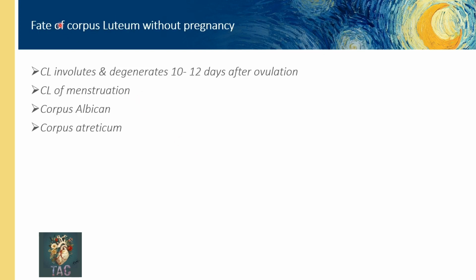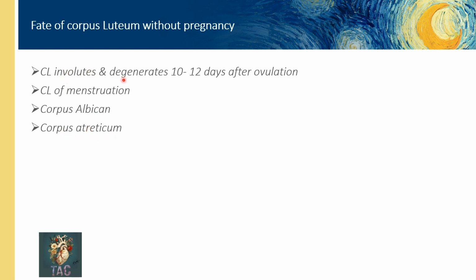So what is the fate of the corpus luteum if pregnancy does not occur? The corpus luteum involutes and degenerates 10 to 12 days after the ovulation. It is called the corpus luteum of menstruation. Then it becomes corpus albicans. There is a fibrosis and degeneration of the luteal cells, and after that the corpus atreticum is formed.